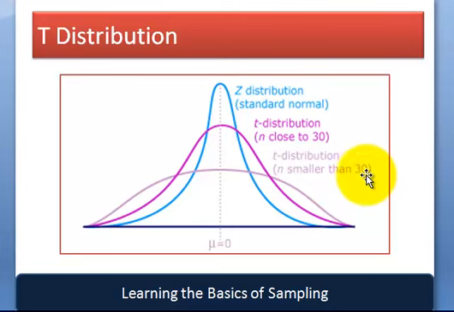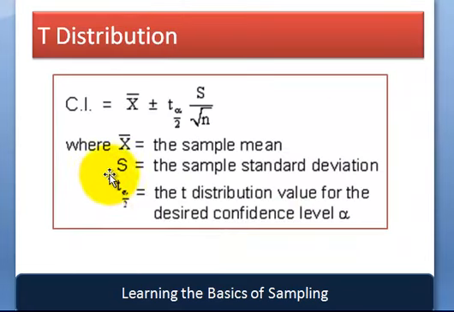So the confidence interval for a t-distribution is very, very similar. We're going to use x bar as our point estimate.